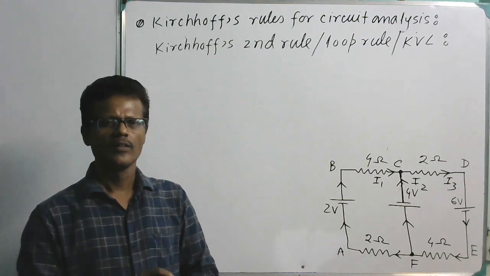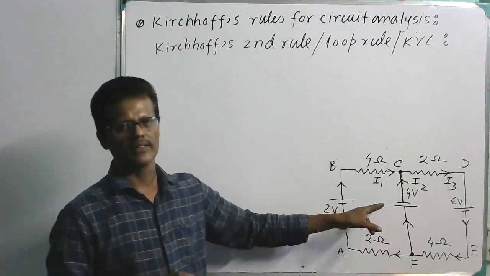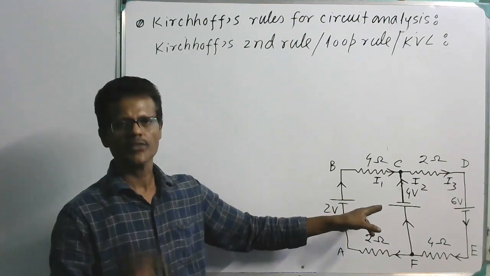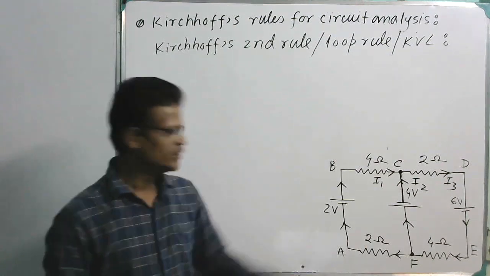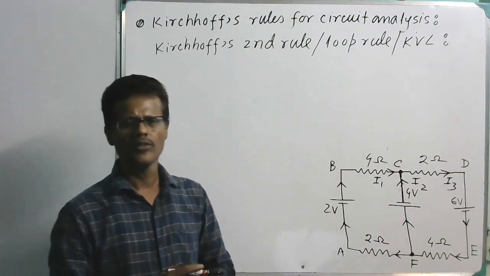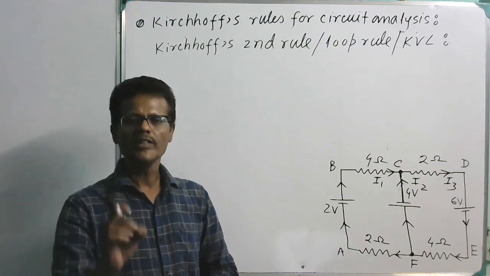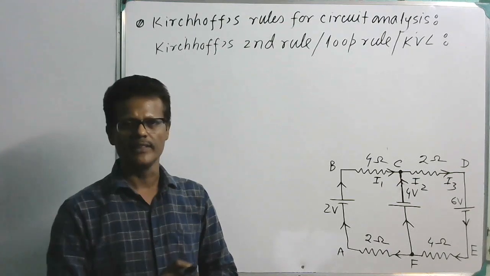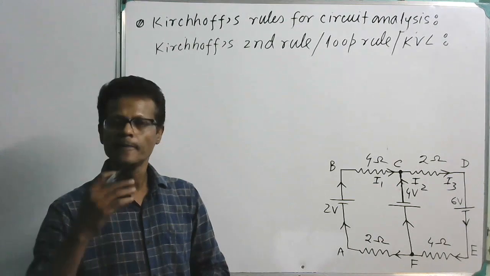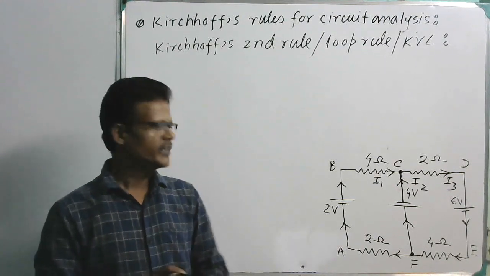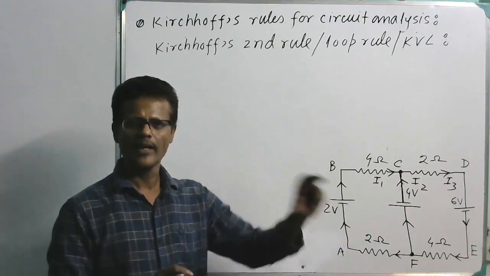Why is it zero? Current is flowing through this closed path. Current means charged particles, or simply electrons, are flowing through this closed path in the direction opposite to the current. Charged particles can flow only due to the presence of an electric field. Electric field only helps the charged particles flow, here these electrons, or within the cell there may be some ions.